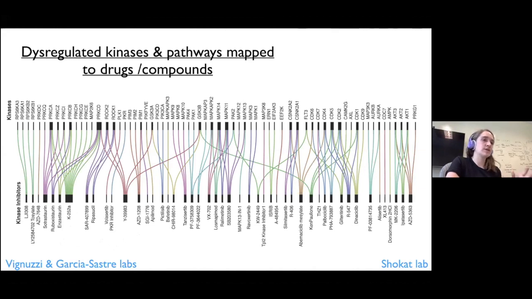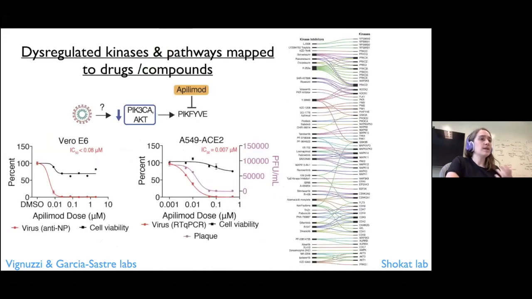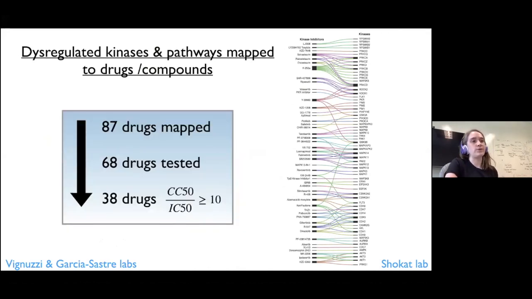Here we mapped dozens of drugs to the kinases that we find dysregulated under infection, and found many other cases of drugs that seem to be effective in inhibiting SARS-CoV-2 infection in these in vitro assays. So in total, we were able to map 87 drugs to dysregulated kinases and test 68 of these.